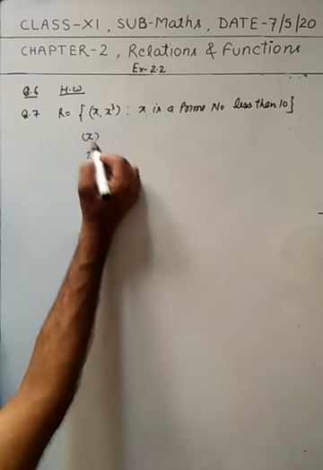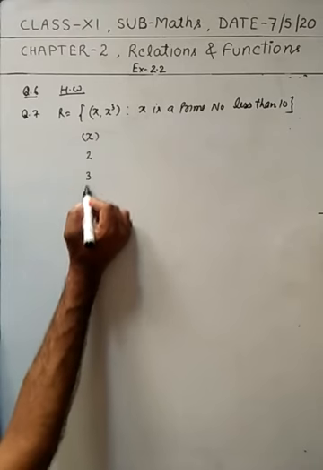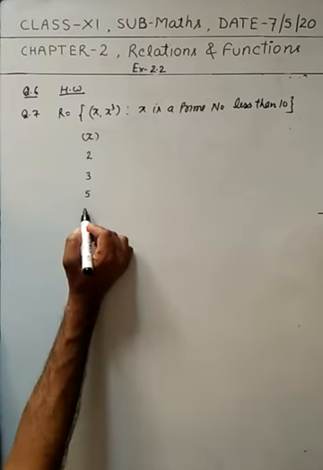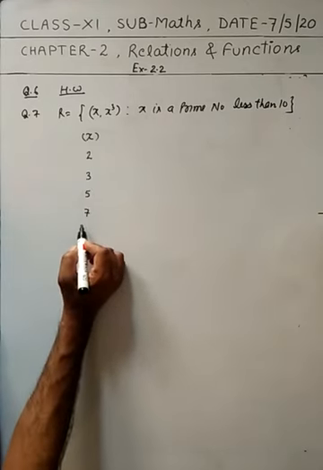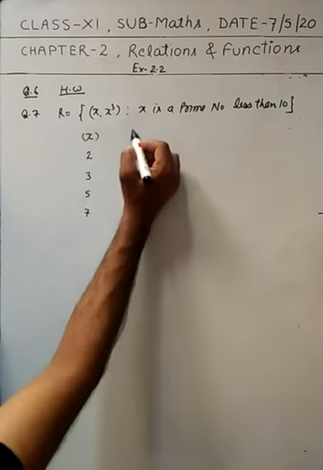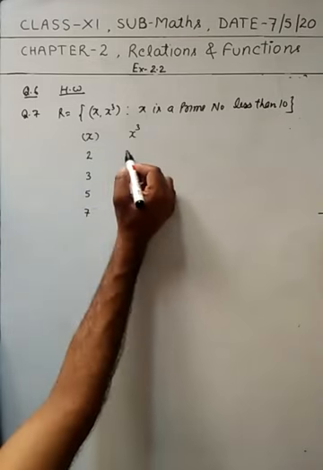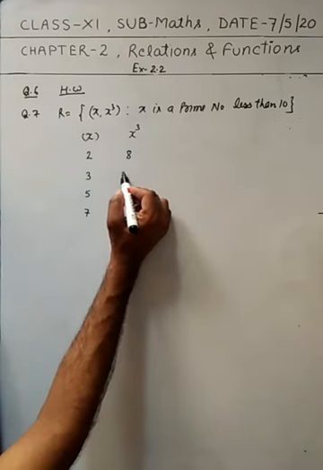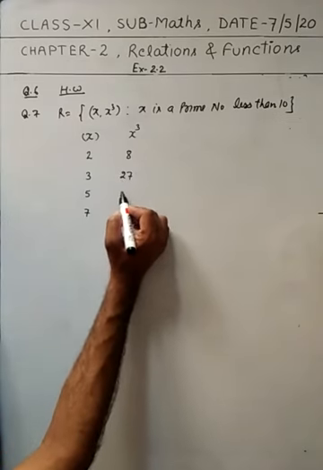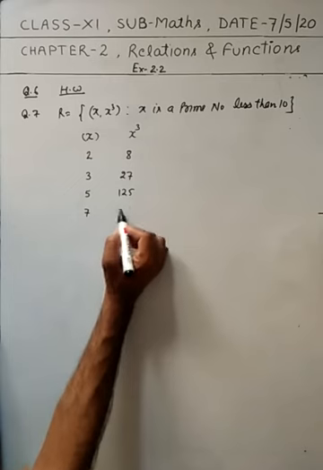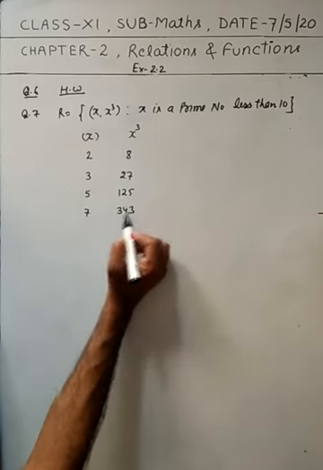So x is 2, 3, 5, 7. That's it. Now the second element is x cube. 2 cube is 8, 3 cube is 27, 5 cube is 125, and 7 cube is 343.